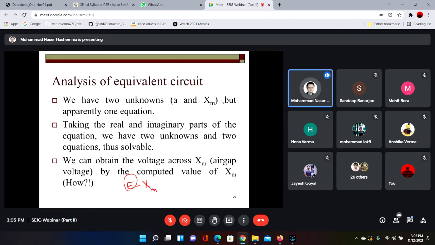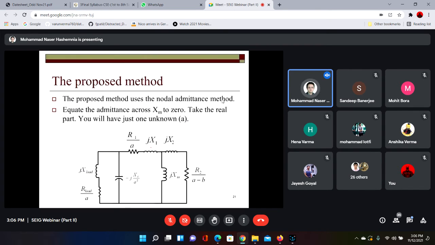Let's go to my proposed method. My proposed method is based on the nodal admittance method. I come to this node, and then I take the real part of the admittance. As I mentioned before, if you take the real part of the admittance, then you will not have any contribution by this. This will not have any contribution to the real part of the admittance at the air gap node.